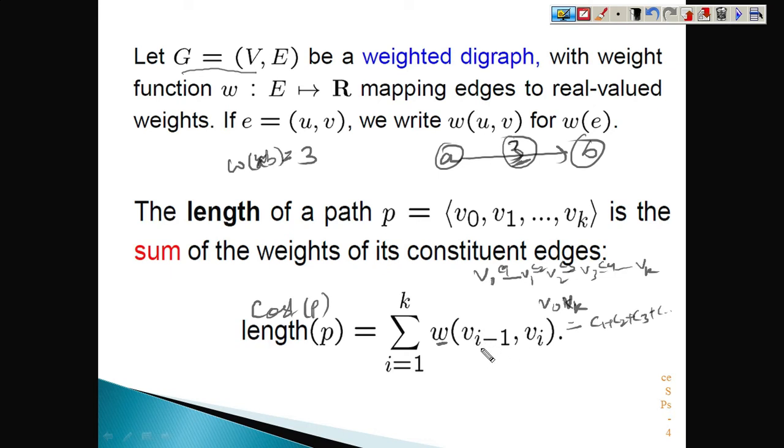So we pass V0 V1, plus W(V1 V2), plus and so on, W(V(k-1) Vk). This is how we can find the cost of any path, or the path length of any path.